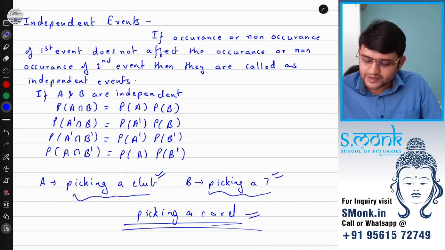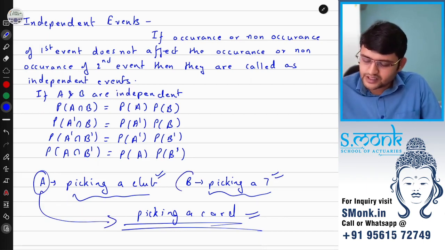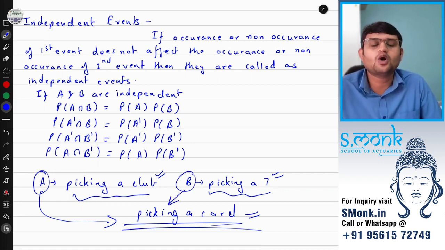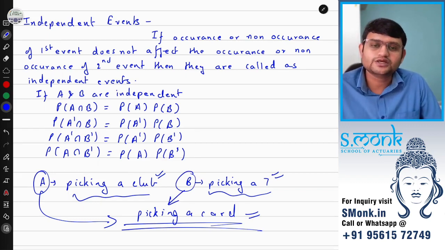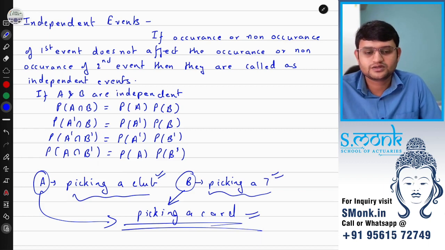So picking a club is also an event, but it is an outcome of this event, that is picking a card. This B, that is picking a 7, is also an event, but it is an outcome of this event, that is picking a card. So actually, picking a card is the event that is happening here. Picking a club or picking a 7 was an outcome of those events.